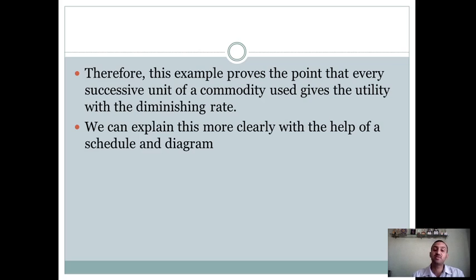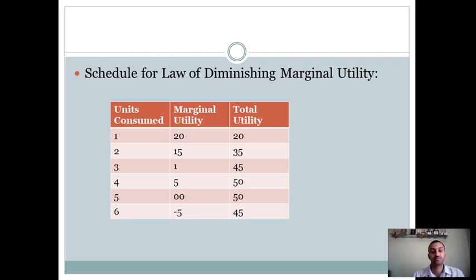We can explain this more clearly with the help of a schedule and a diagram. Here, a person consumed 6 apples, or 6 units, and at that point he will get less and less satisfaction.